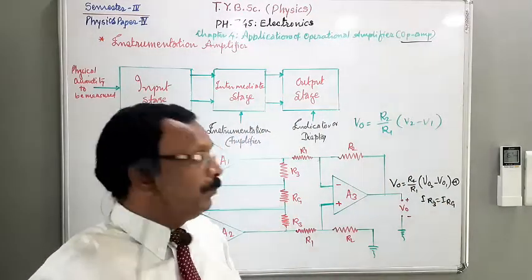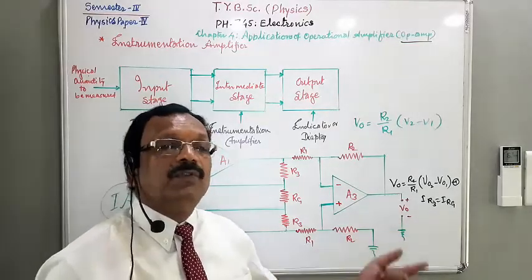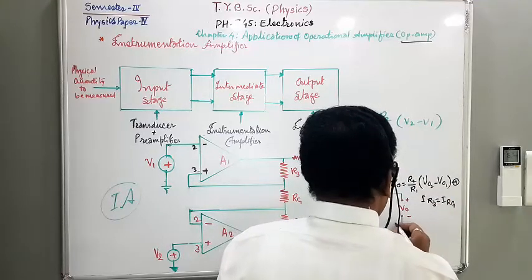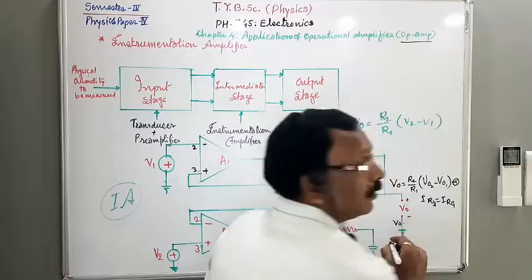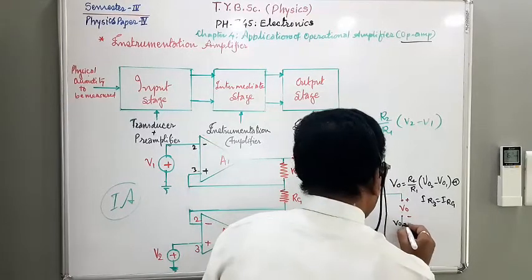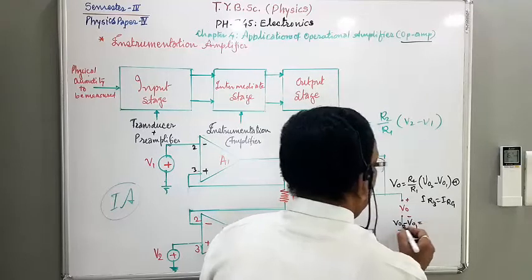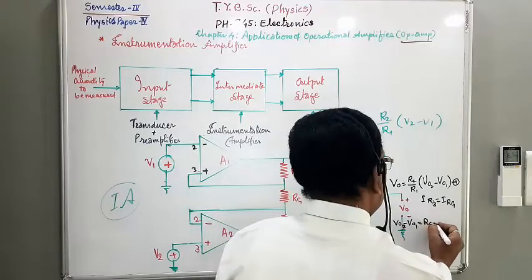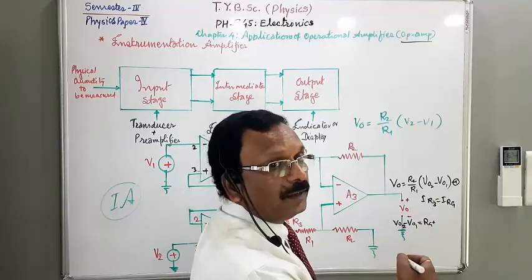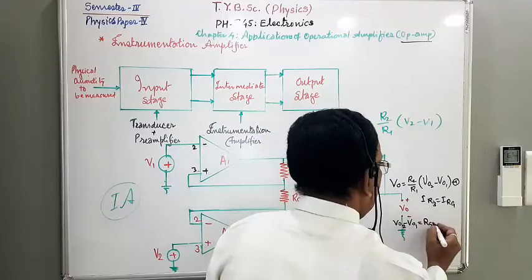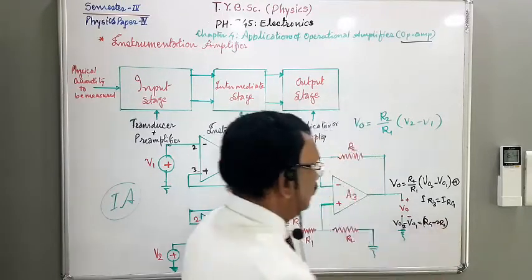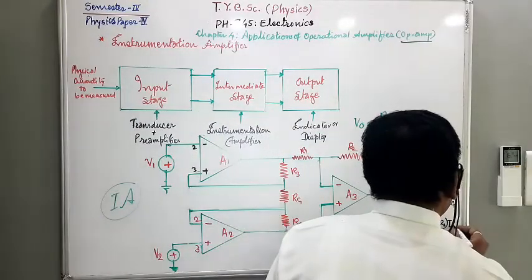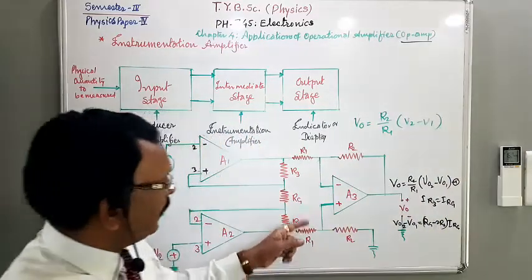By Ohm's law, V is equal to IR. So from these two, we can write VO2 minus VO1 voltage is equal to RG plus 2R3 upon IRG. This is according to Ohm's law.